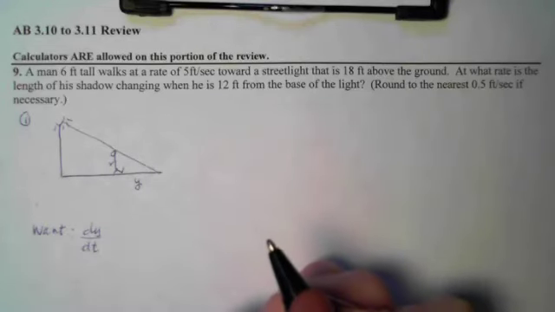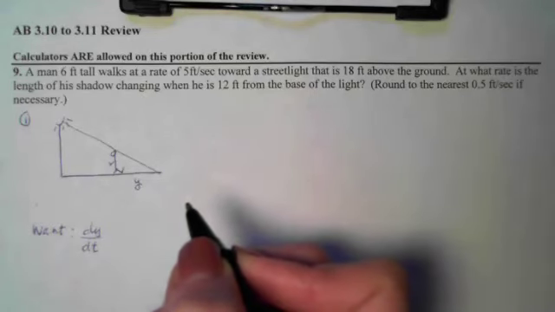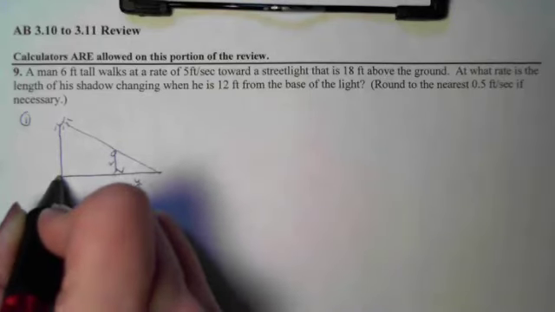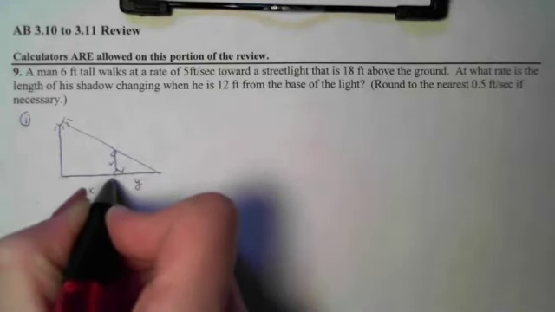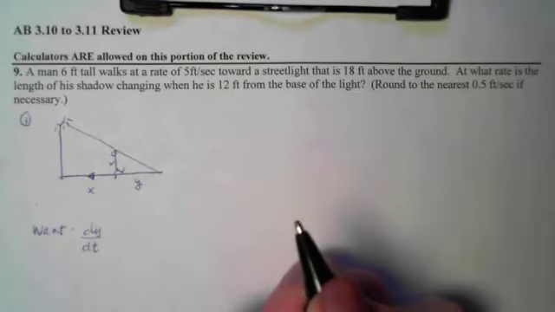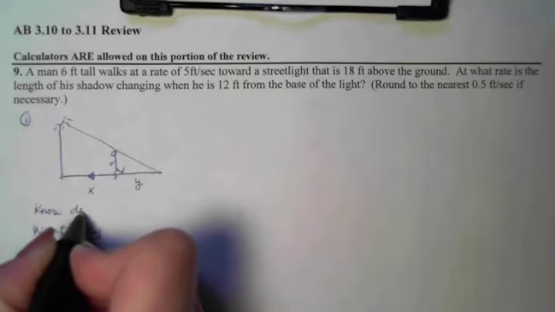We also are told how quickly he is walking. So the distance that is changing at the rate at which he's walking is the distance between him and the lamp. So this distance we will label as x, and we'll put an arrow on it to indicate how he's walking, and we know dx dt.